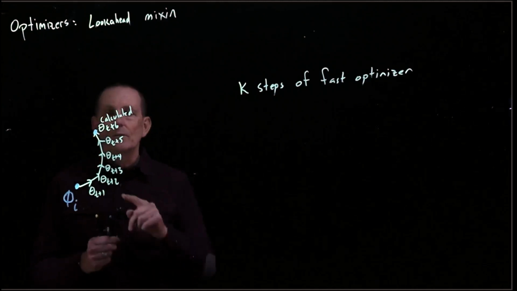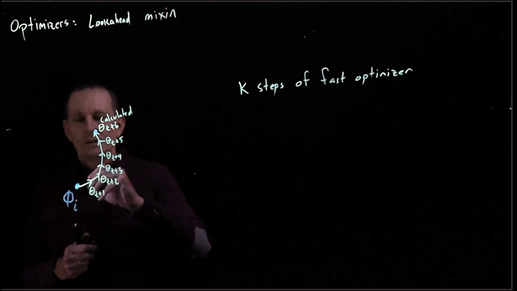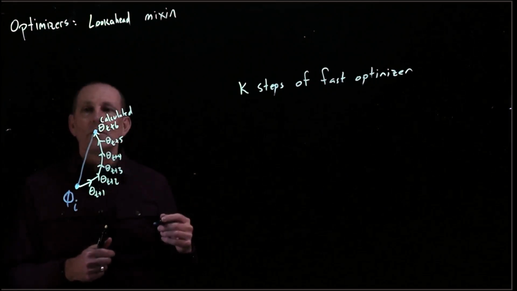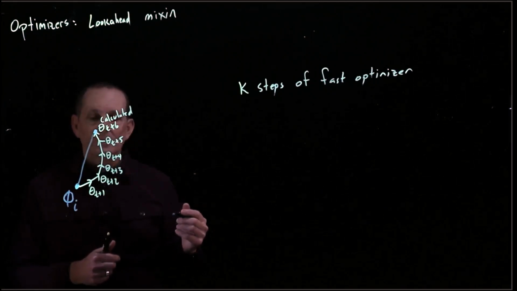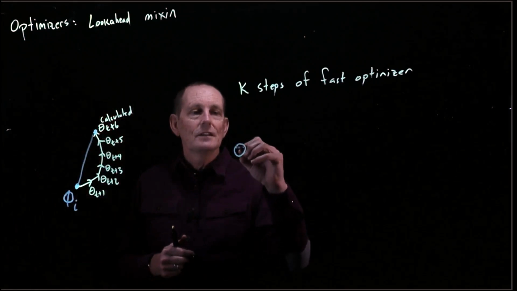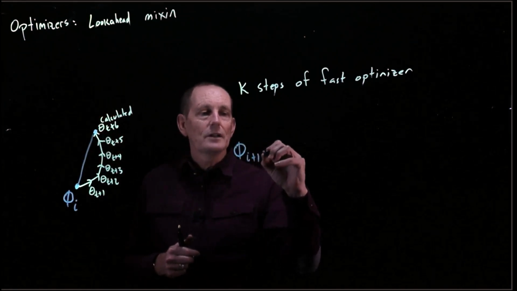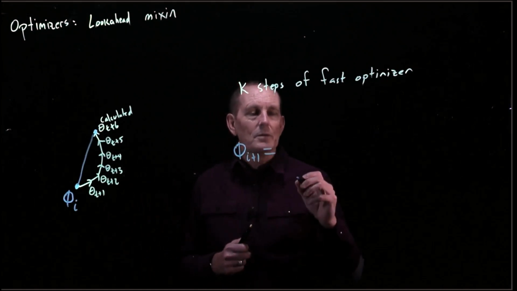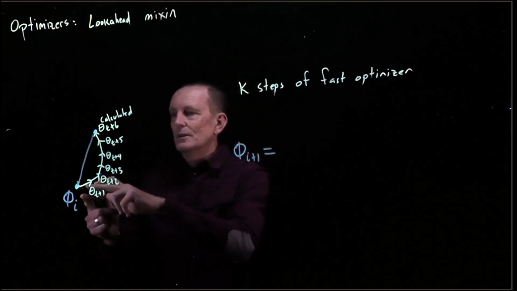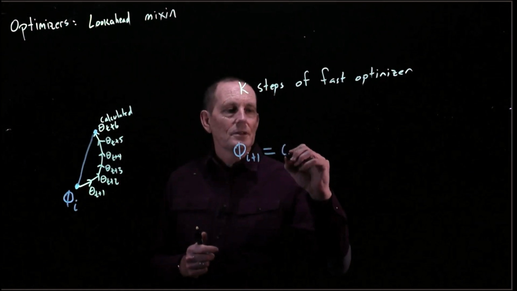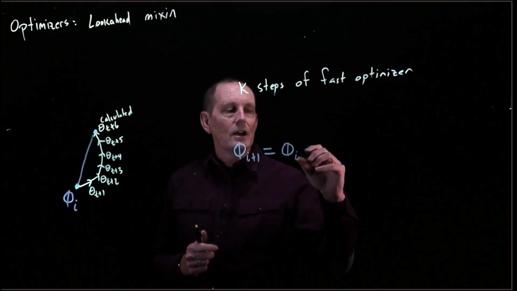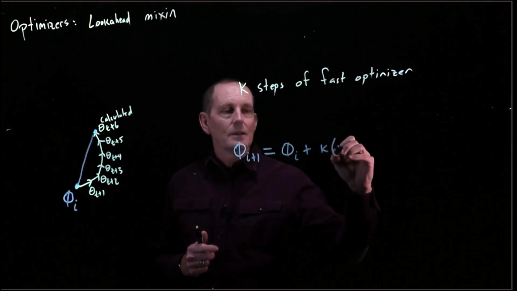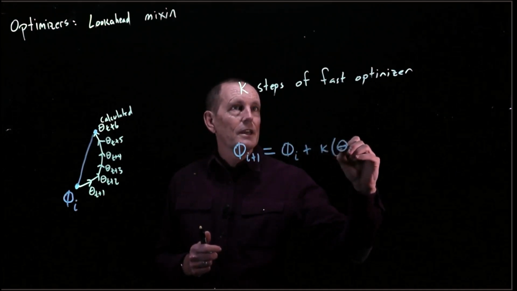All right, and what we do then is a linear interpolation between here and here based on a parameter alpha. So phi of i plus 1 equals phi of i plus some alpha times theta.